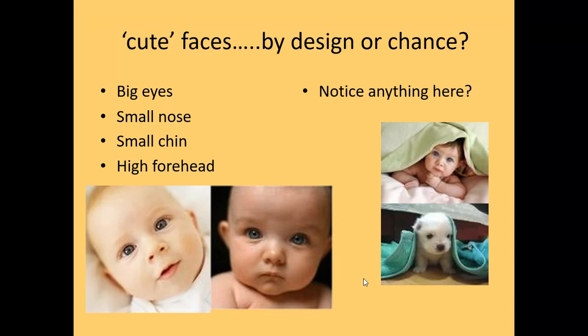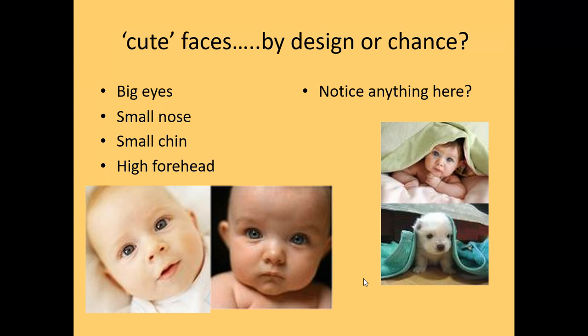So this is based on how babies look, really. Now, if you look at the babies, if you look at the pictures here, if you notice, they all tend to have big eyes, they tend to have kind of a small chin, a high forehead. They look quite cute. Human babies, kind of baby animals, they look quite cute.